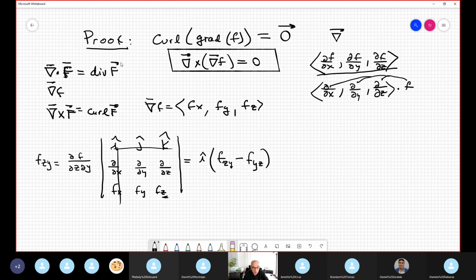Now I compute the partial derivative. And by the way, the cross, so f z y is equal to f y z. I prove this in one moment, that this is 0. Minus j. So I compute mentally this and this, is partial derivative z x minus partial derivative x z. Again is 0. Wow.